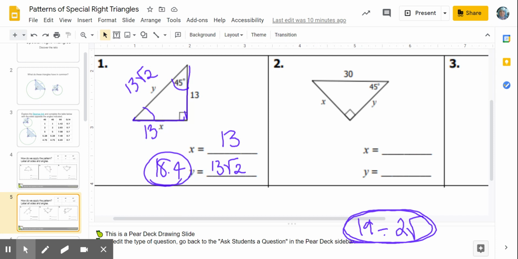So what about number 2? Number 2 makes it a little bit different because we're given the hypotenuse. So these two sides have to be the same, and this is x times the square root of 2. We've got to solve that equation: 30 equals x times the square root of 2. So I've got to divide by the square root of 2 to solve that one-step equation.